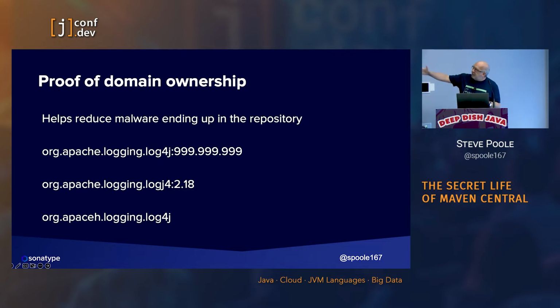So here's some weird names. So you've got org.apache.logging.log4j and then a version number, and then another one, and then another one. And you can see the bottom one is slightly wrong in spelling. Okay, this says the middle one actually, but you may not spot it. So imagine their package names and version numbers.